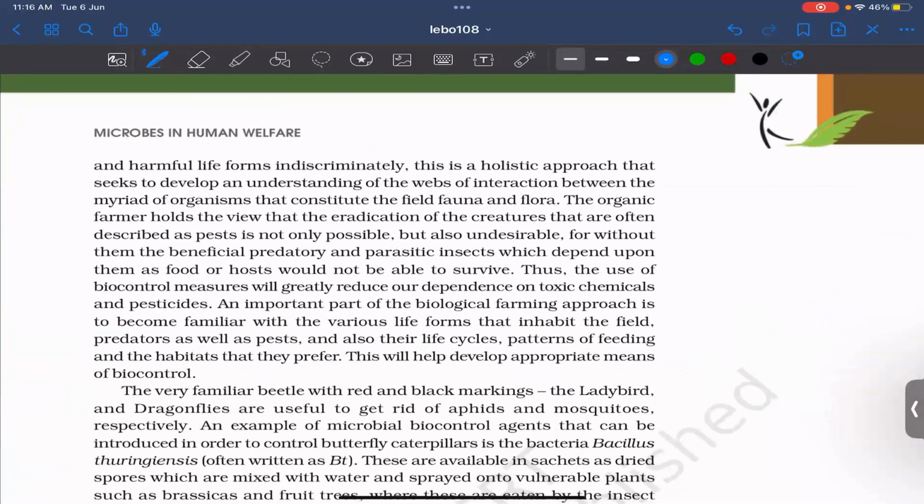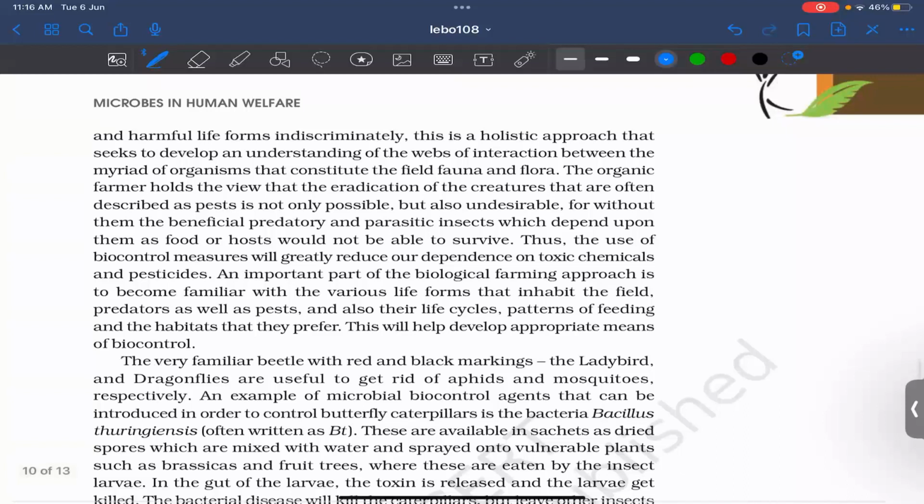Now, the eradication of the creatures often described as pests also affects the beneficial predatory and parasitic insects which depend on them as their food and hosts, and they will not be able to survive.